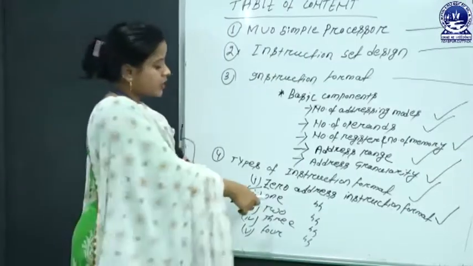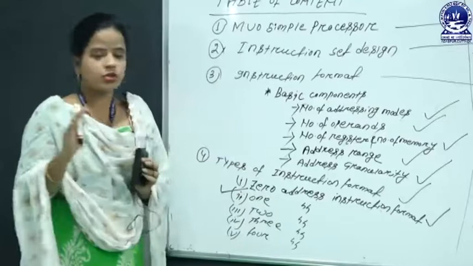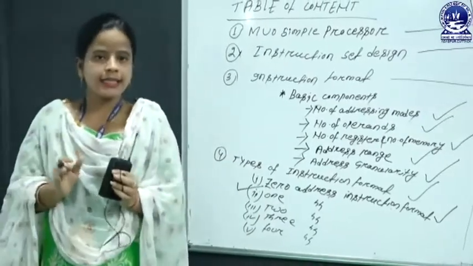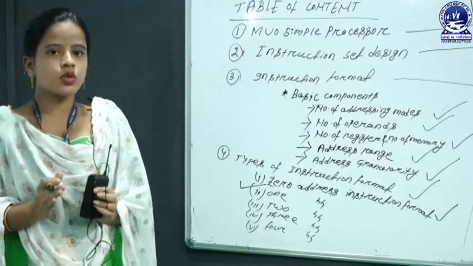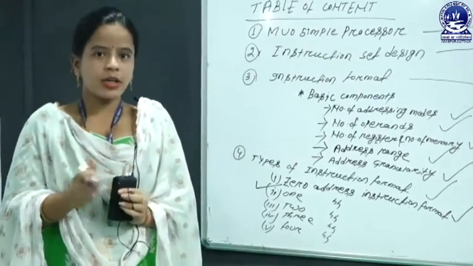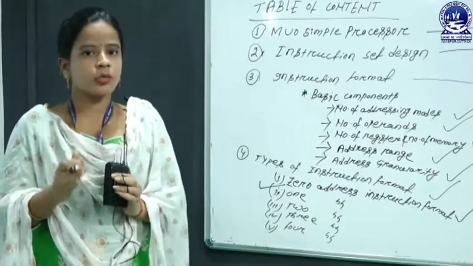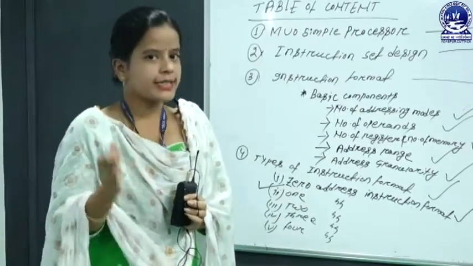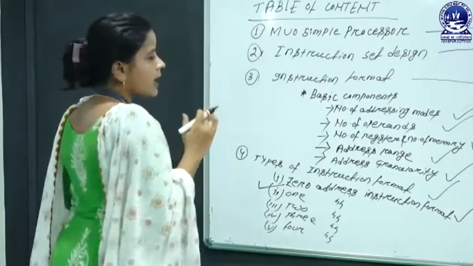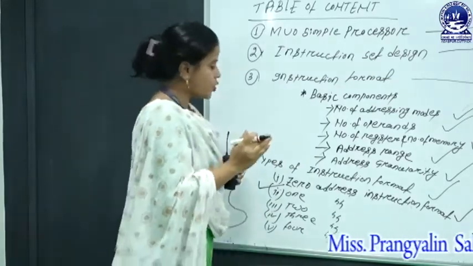Now go to the next topic, that's the one address instruction format. In this case it uses an implicit accumulator and also one register. Here implicit means that one of the operands is already stored, already assigned in the accumulator, and another type of register is also used.